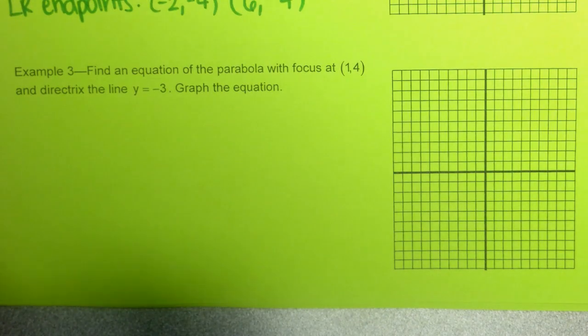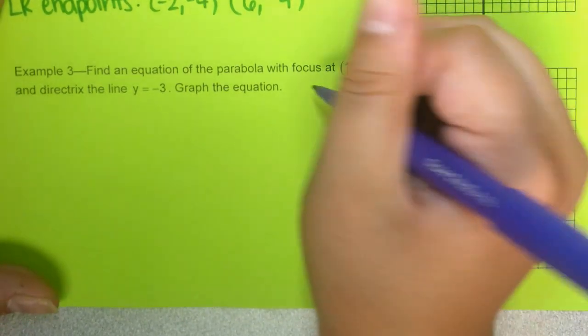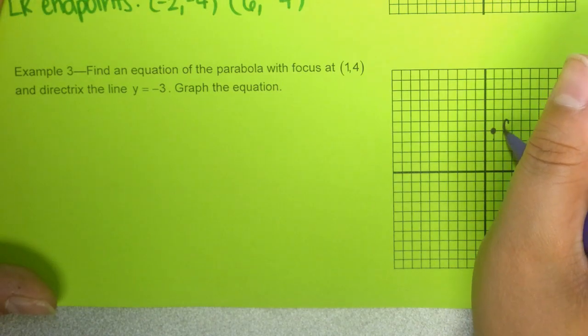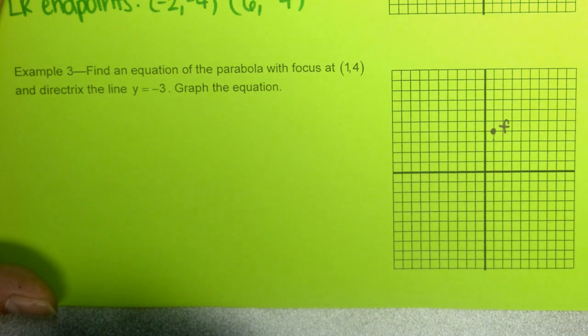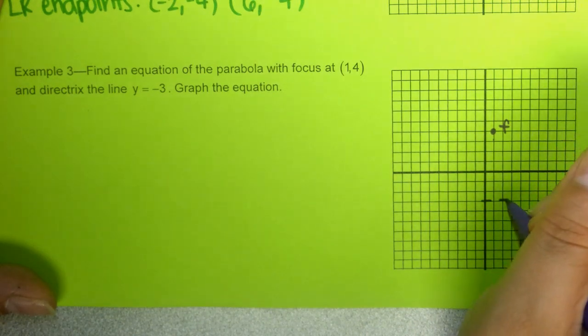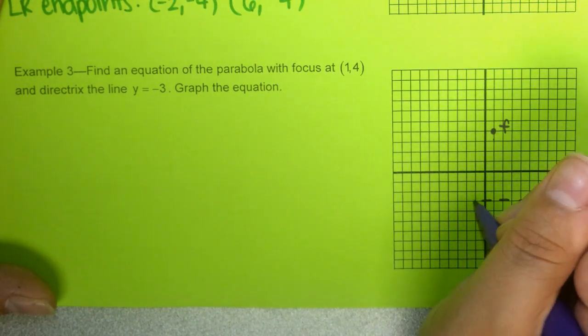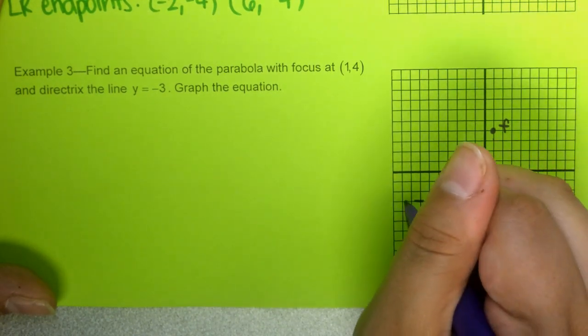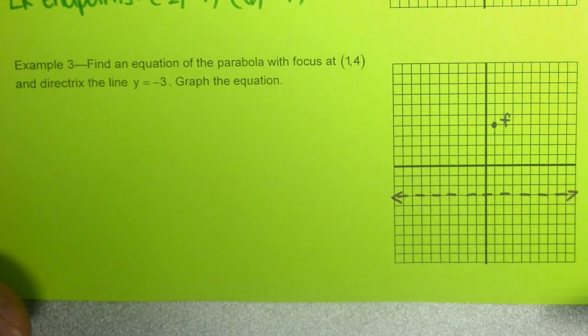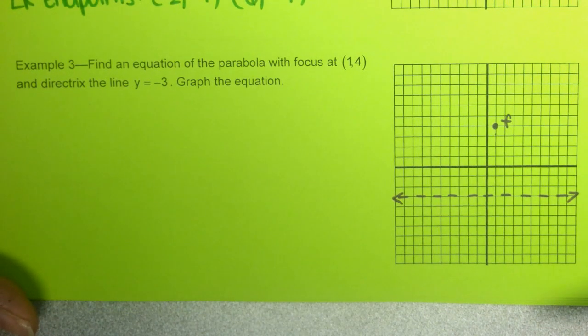It says find the equation of a parabola with a focus at 1, 4. I'm going to plot that. And a directrix at the line y equals -3. So go to your y-axis, go to -3, and draw a line. So it wants us to find the equation and graph it.